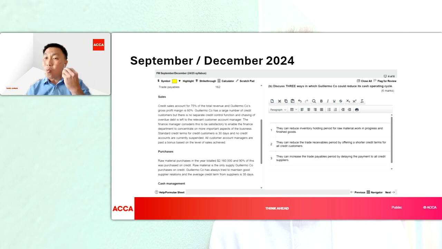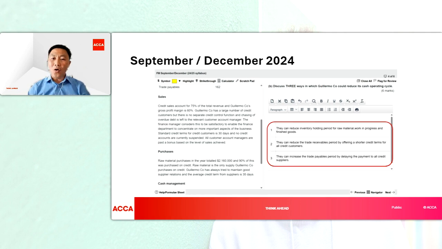But what is missing is that you haven't told the marking team how. How are you going to reduce the inventory holding period? Same thing, how are we going to reduce the trade receivable period? It is how that matters. So therefore, these give rise to a bad and poorly presented answer.